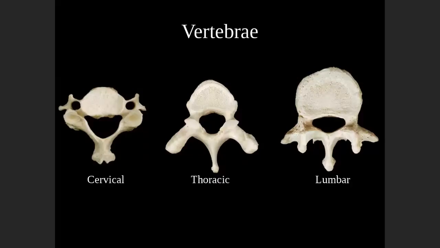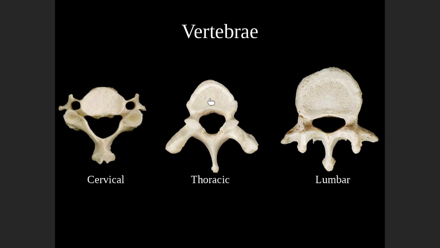Okay, so by looking at this, you'll see a couple things. Real easy. See these holes here? Those are called transverse foramen. We're going to see them in a bit. You don't see them in the thoracic and the lumbar. So if you see holes here, you know you're automatically in the cervical spine. And then you can look at the bodies here.